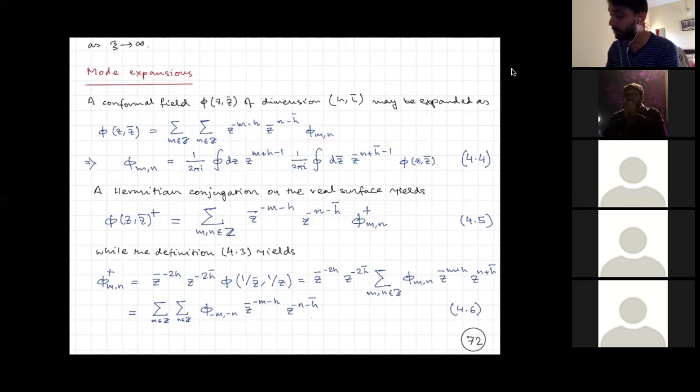Equivalently, you can transpose this particular relation, and that would mean that phi mn is given by this.